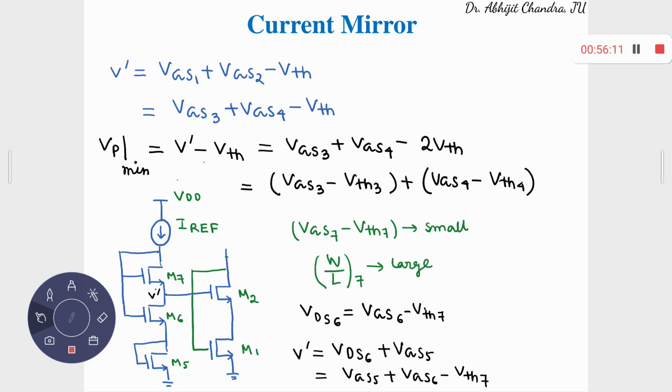So what is your VDS6? How can I write VDS6? VDS6 is VD6 minus VS6. How can you represent VD6 in terms of the gate potential of MOS7?